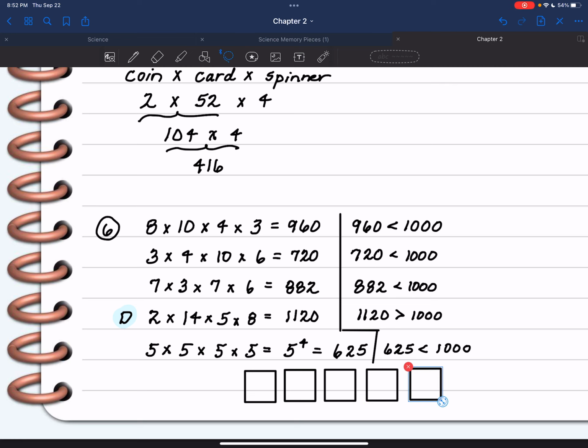I think I have too many boxes, but that's okay. So all clear, 5, no, I have just enough, xy, 4, equals. 5 to the 4th power equals 625.